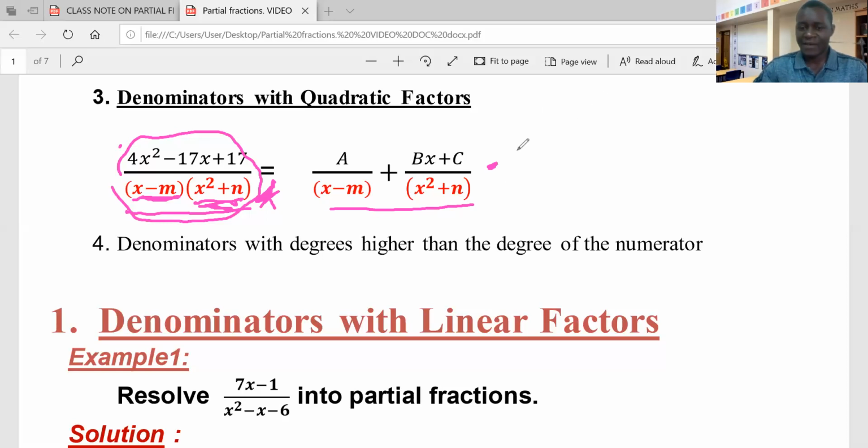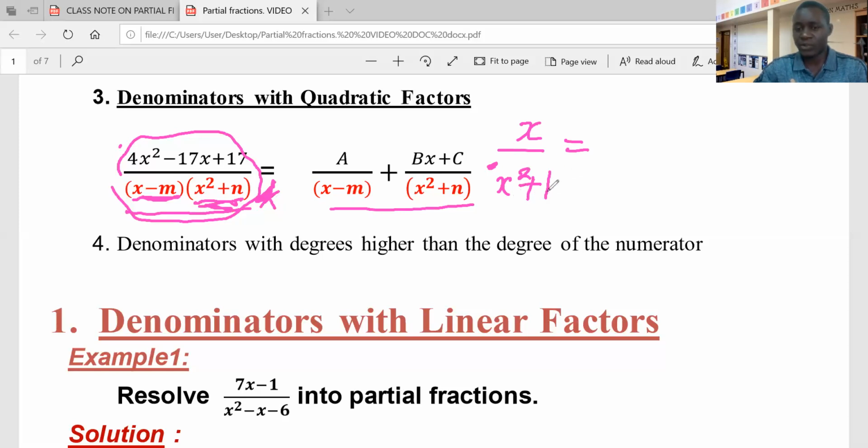So what if what I have looks like this? Let's say we have x over x squared plus 1 as a given compound fraction, and I'm to split this up into its partial fractions. The process of decomposing this will look like this. Remember, there is no linear factor in this case. The one we had before had linear factors. In this case I've written now, there is no linear factor.